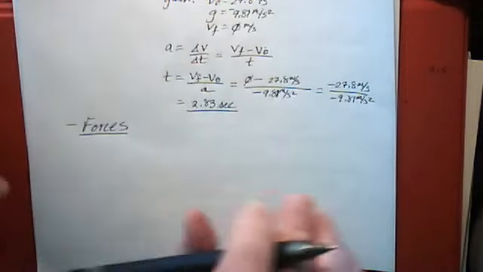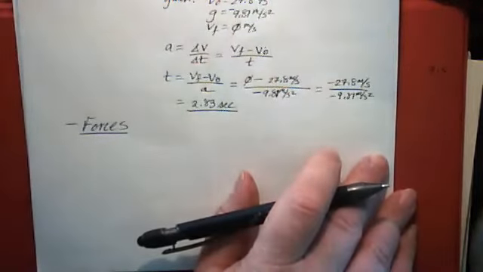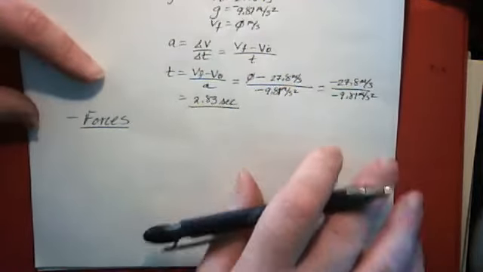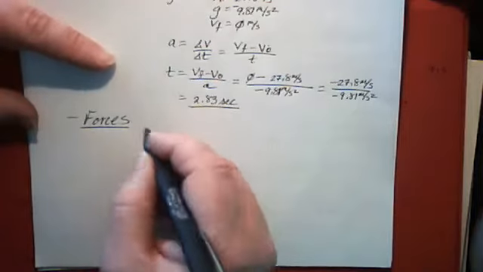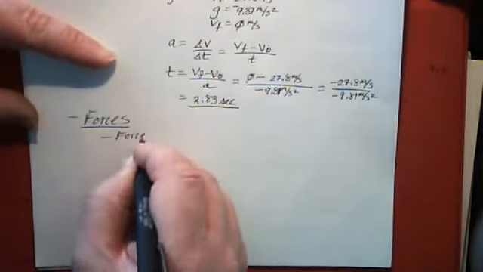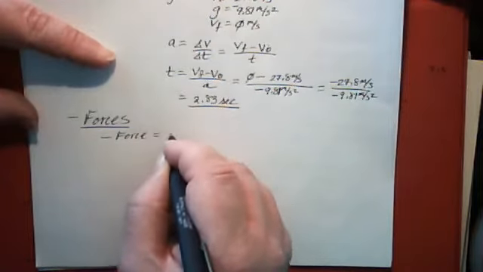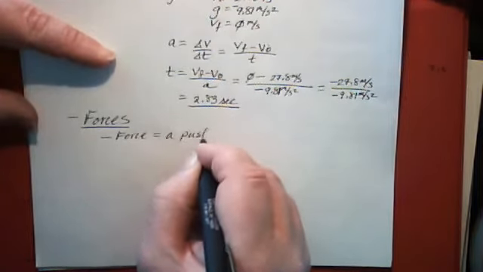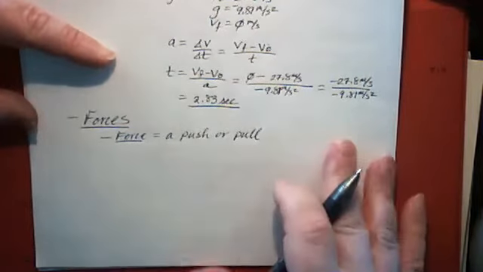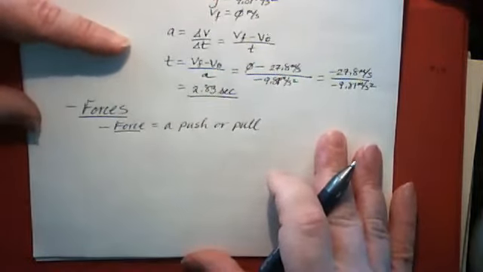Okay, an important thing in the world of motion is the idea of forces, since forces are responsible for much of the motion that's out there. First of all, what is a force? Well, you can think of a force as being basically a push or a pull.